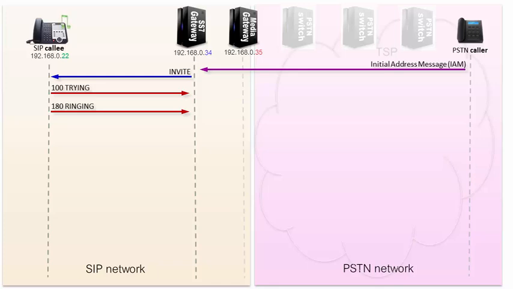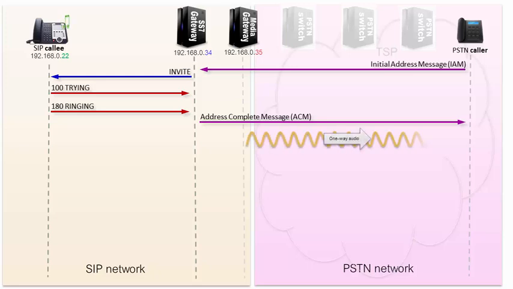In fact, receiving the 180, acting now in PSTN mode, the signaling gateway creates and returns the address complete message, the ACM, the signal in the PSTN world that the dialed phone is ringing. Now, at this point, the one-way audio path is established between the PSTN endpoints, over which ringing tones are played from the media gateway back to the caller.